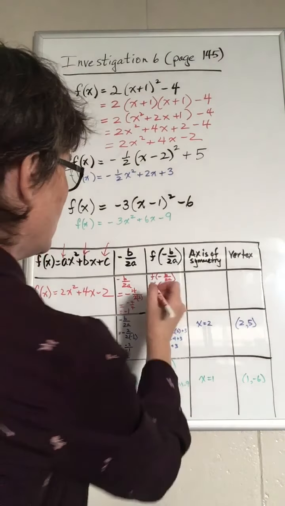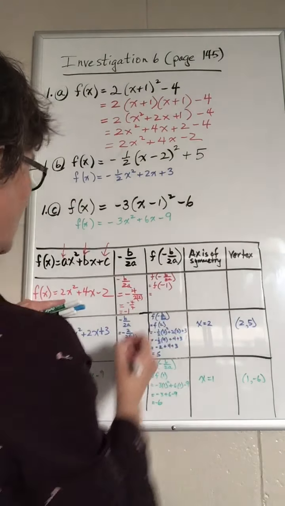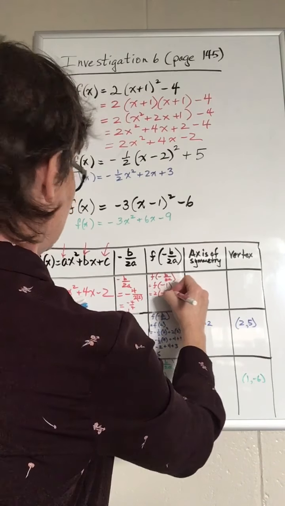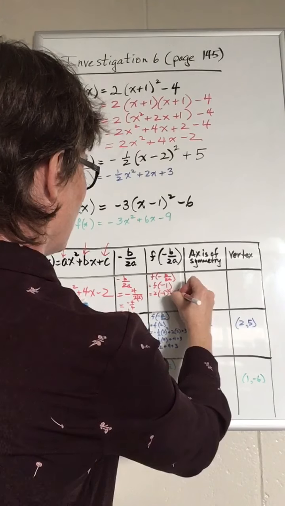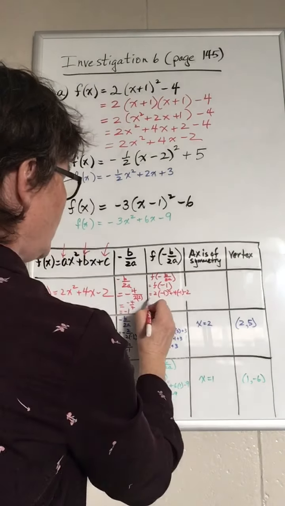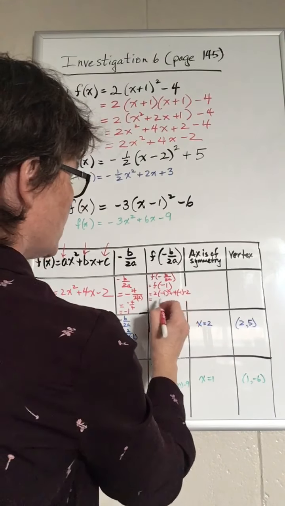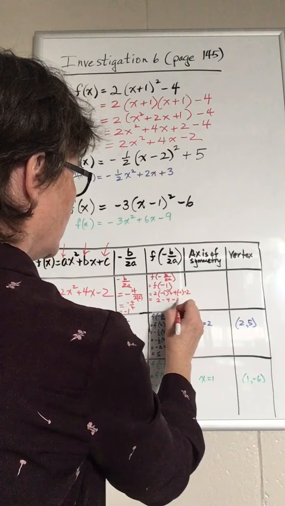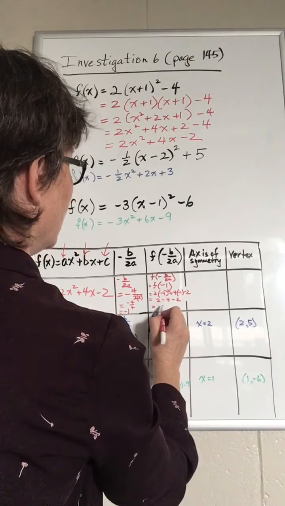Okay, f of negative 1. So we just plug negative 1 into the function, and then subtract 2. Okay, so that's 2 times positive 1, 2, 4 times negative 1, negative 4, minus 2, and that equals negative 4.